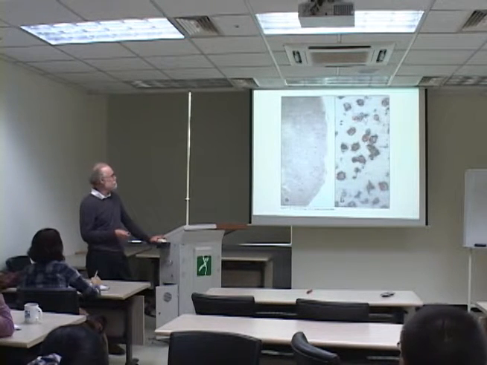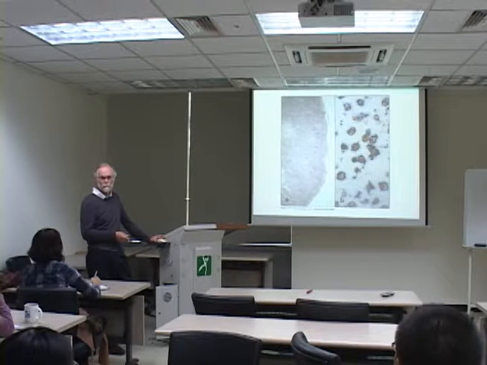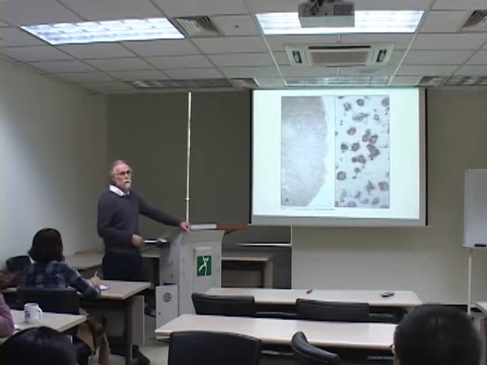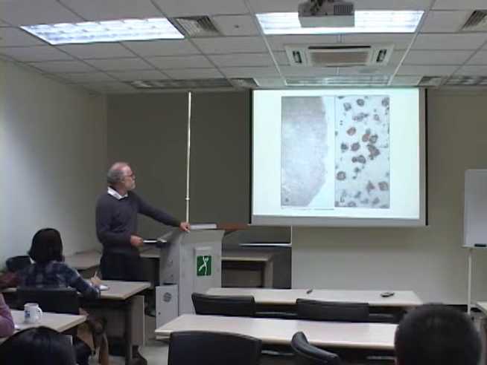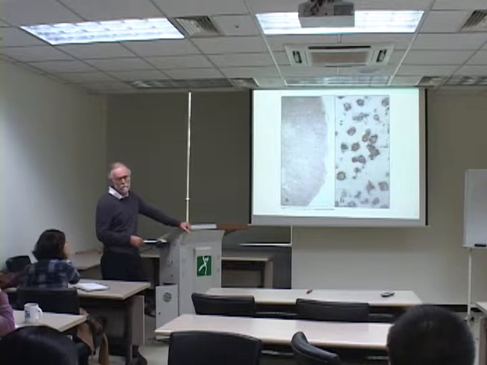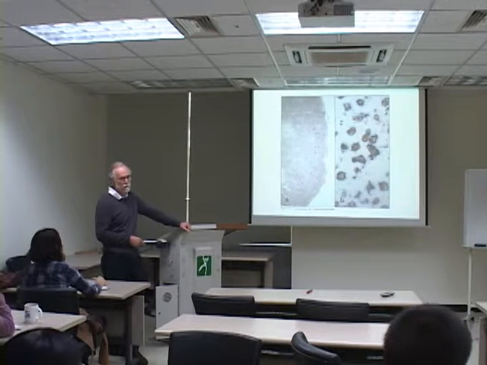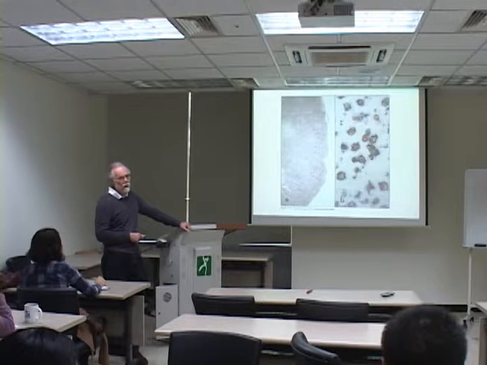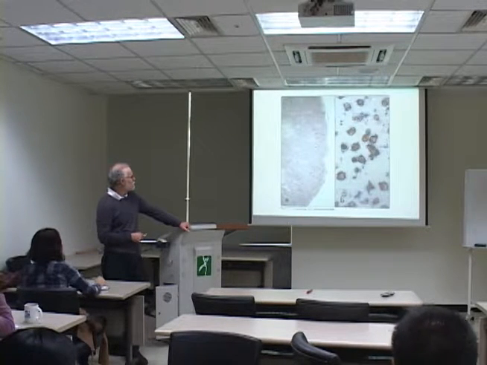So this idea that there's massive death in the thymus, there was really no evidence for it until about 15 years or so ago, when people developed histological methods for defining cells undergoing apoptosis. And this method is called TUNEL, and it's a way of basically picking up dead cells in sections.